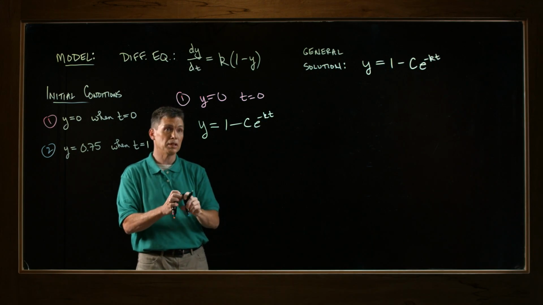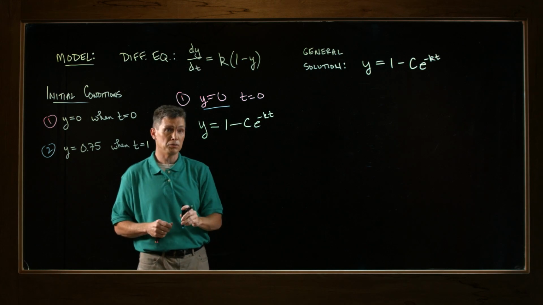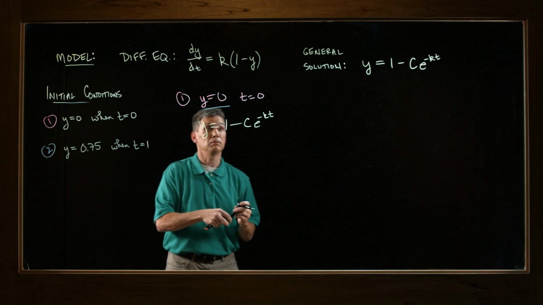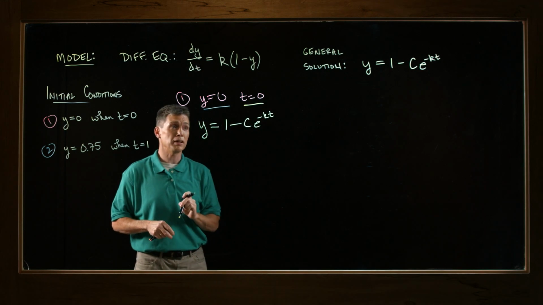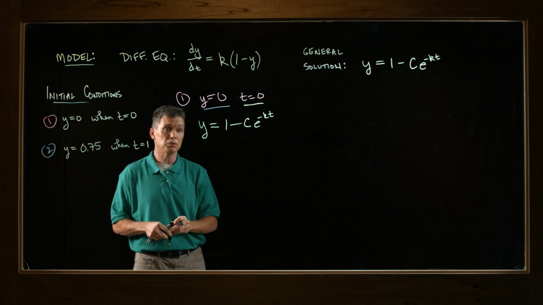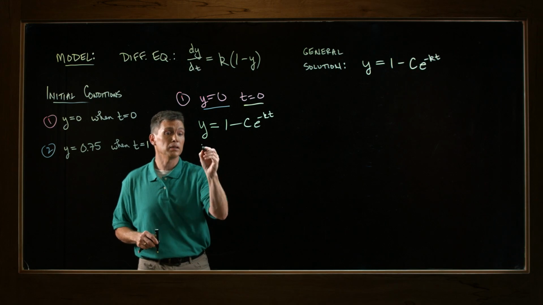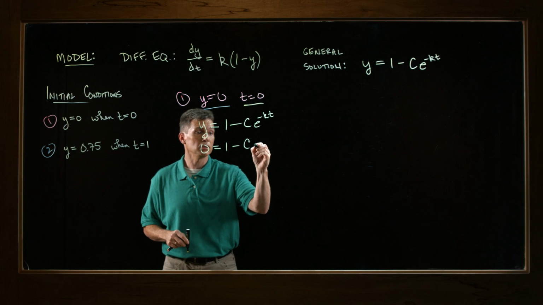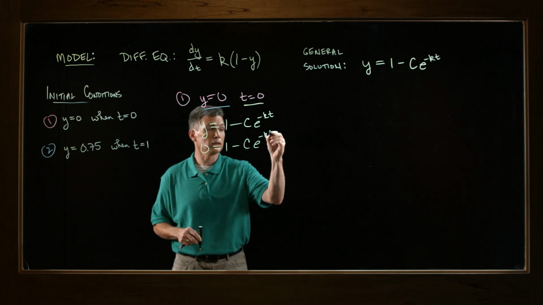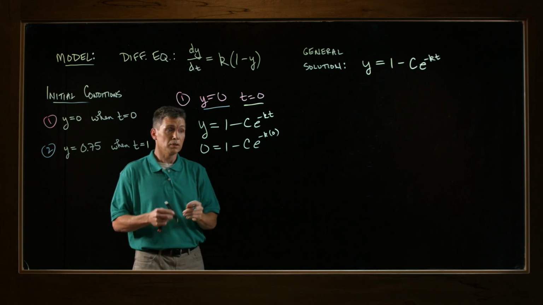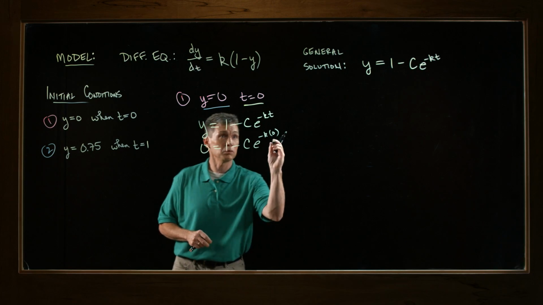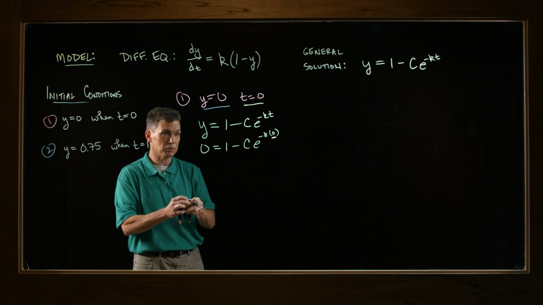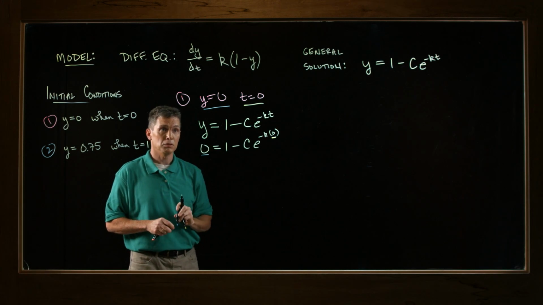Now we're just going to plug in that specific value for y of 0, and also separately, the different value of 0 that t is also 0. Y is 0 equals 1 minus c e to the negative k times 0. Just making sure things are lining up for you in terms of that 0 being the one for t and this 0 being the one for y.